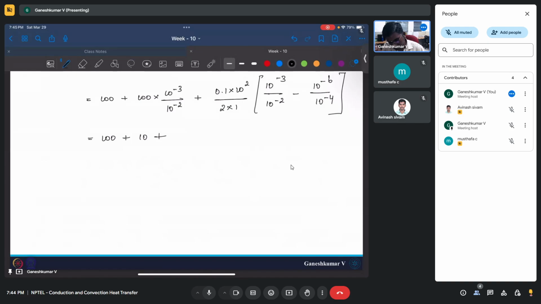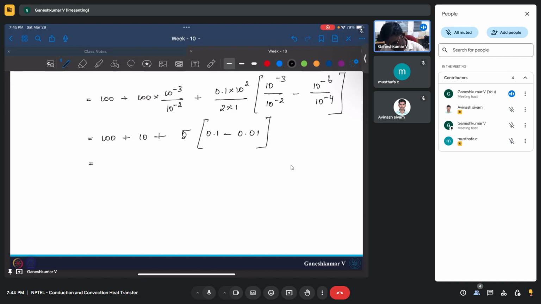This becomes 10 by 2 is 5 times 10 power minus 1.1 minus 0.01, right? What happens? So it's 0.1 minus 0.01 is 0.09 into 5 is 0.45, and this becomes, am I missing something here?